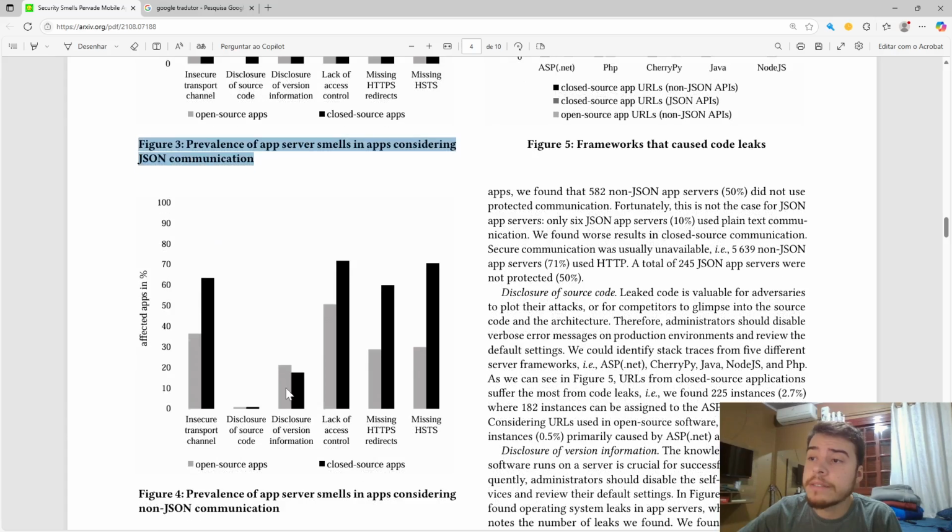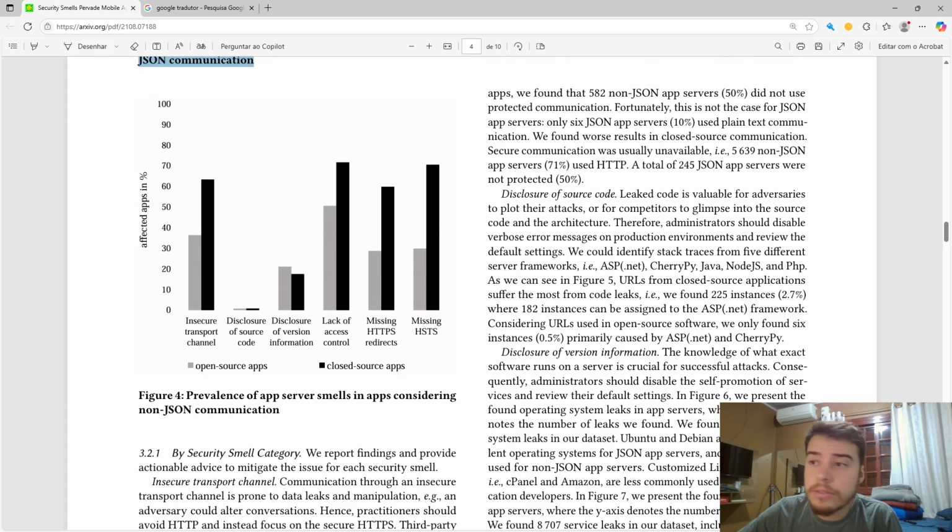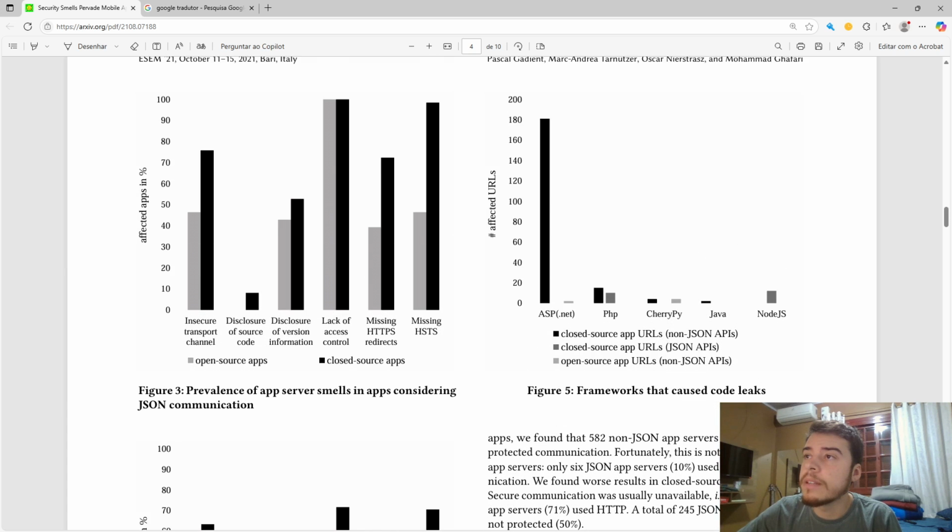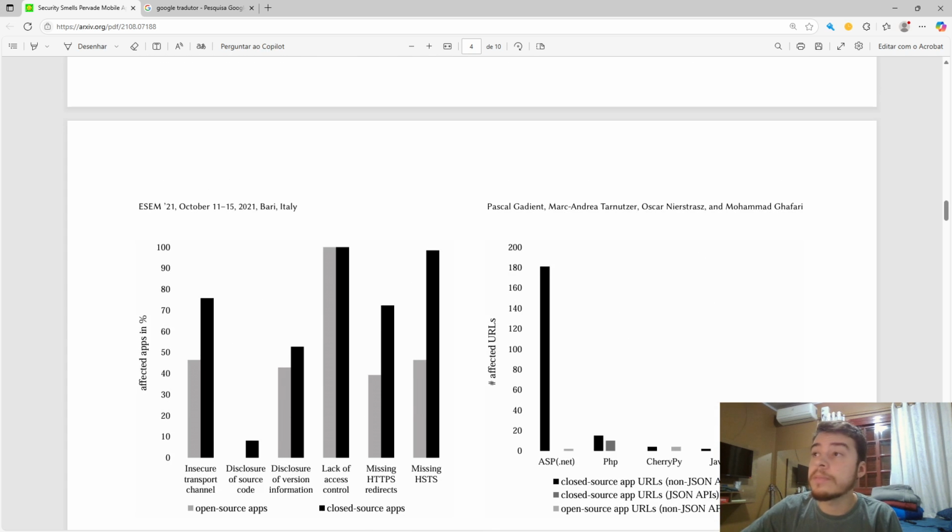Something interesting also was that open source apps normally were lower than closed source apps. That was something I didn't expect to see in this paper.